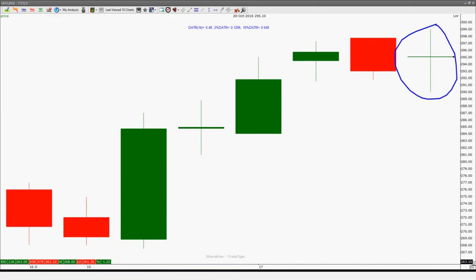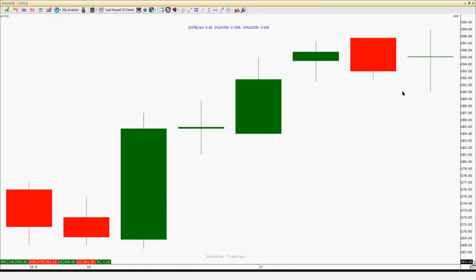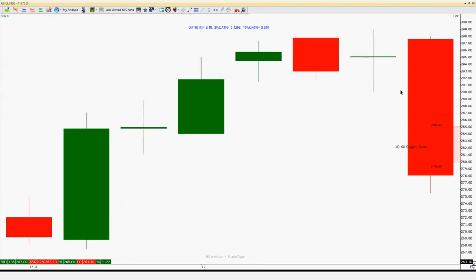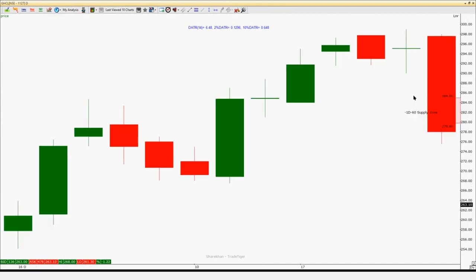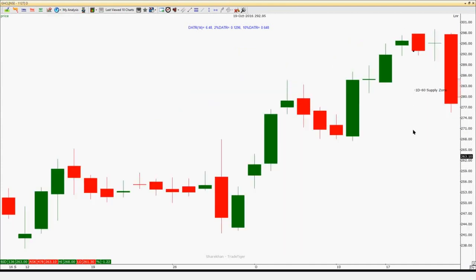So when will this pattern be confirmed, confirming the short-term market top there? Once price starts trading below that. Haven't we got that? We got it. Now we want to be in this trade as soon as possible.